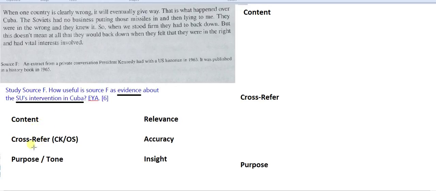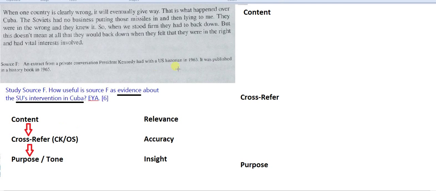And finally, you have purpose and tone. Tone does not always apply to every source, but in general, sources do have a purpose, so you can normally tap on this aspect.